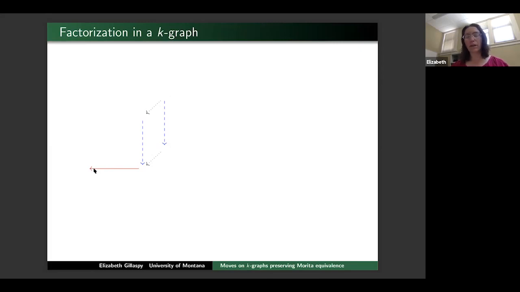So that has to be equivalent to a red-black path from that back corner to the front corner. And now we've got a blue-red path, and so that has to be equivalent to a red-blue path from that back corner over to the bottom left corner.